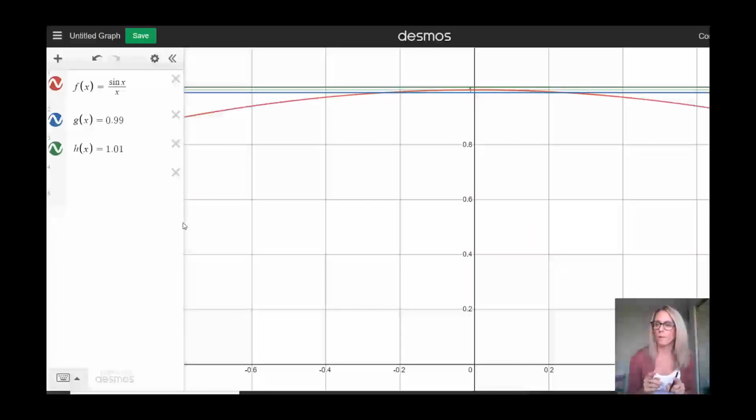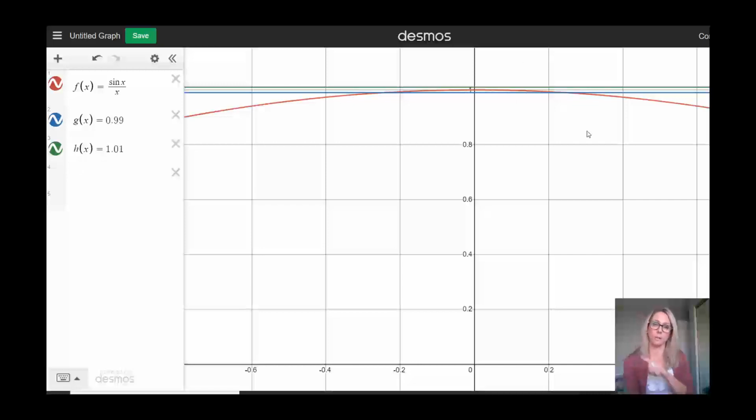So for the problem where we're trying to find out sine of x over x minus 1, absolute value less than 0.01, what we looked at was this idea of sine of x over x, and then we want it to be greater than 0.99, less than 1.01. So what I want you to see here is that the red function is the sine of x over x, and then we have y equals 0.99, y equals 1.01.